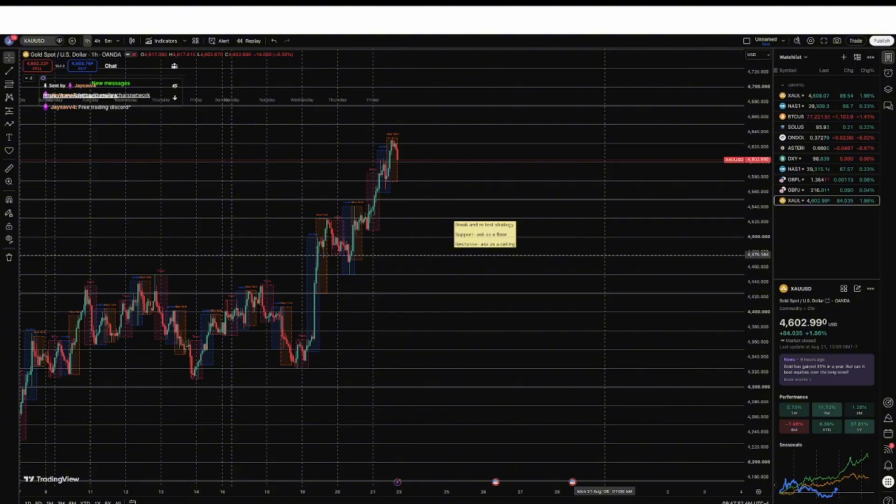The next thing that is very important that you're going to need to know is called resistance. Resistance acts as a ceiling. There might be a particular time where the market comes to a particular area and resists off of it.